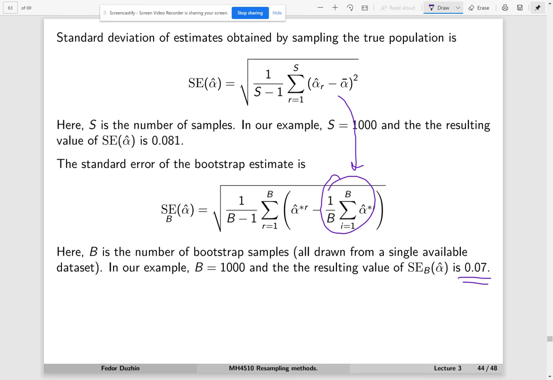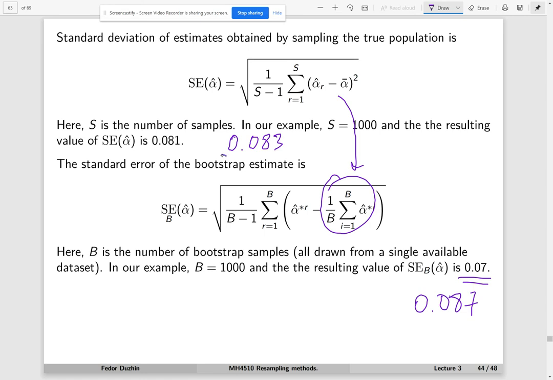So it is a slight underestimate. In An Introduction to Statistical Learning, their numbers were a bit closer. They got 0.63 here and 0.087 here. So in their case, the bootstrap estimate was an overestimate. In my case, it is an underestimate. But in either case, it's not too far from the actual number.